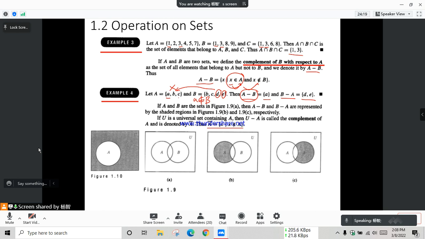Okay, if A and B are the sets in figure 1.9a, then A minus B and B minus A are represented as shaded parts.